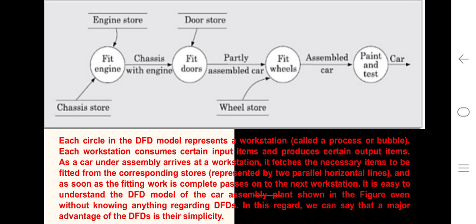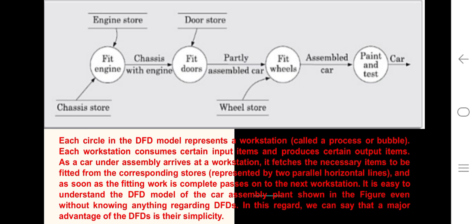Similarly, we consider the door store for the workstation fit doors, and the wheel store to process fit wheels. Likewise, so on. We can easily identify the diagram with these representations.